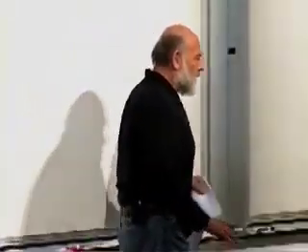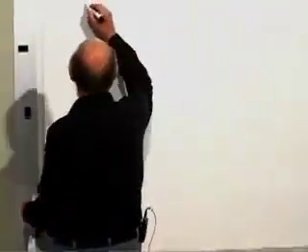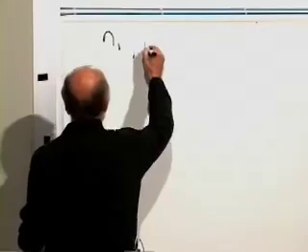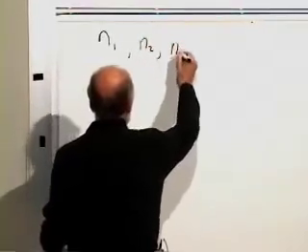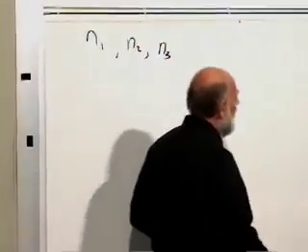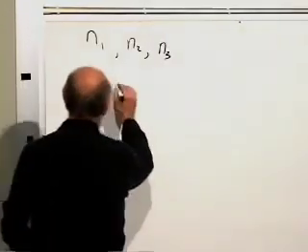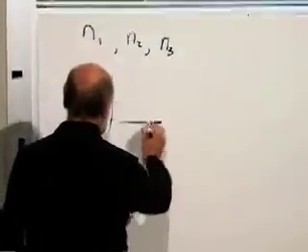And the arbitrary axis can be represented by a unit vector, a unit pointer that has components n1, n2, n3. Incidentally, here are my coordinates in space.